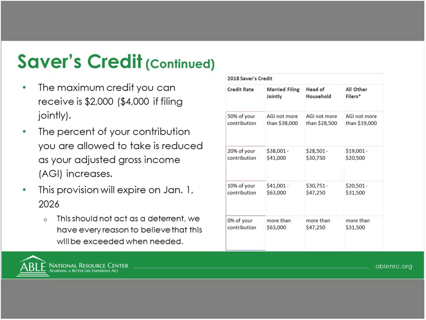Well, we'll notice that if you make $20,000, that means that you can take a credit of 20% of that $2,000. 50. Oh, is it 50? Yeah, for if you made only 20. Oh, yep, you're absolutely right. So 50%. So that means that you can get a credit of $1,000, which is great because that can reduce your tax liability, and obviously you can use those extra funds that you're no longer paying to increase your savings or contribute back into your ABLE account.